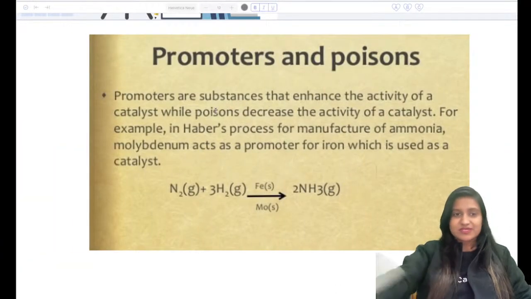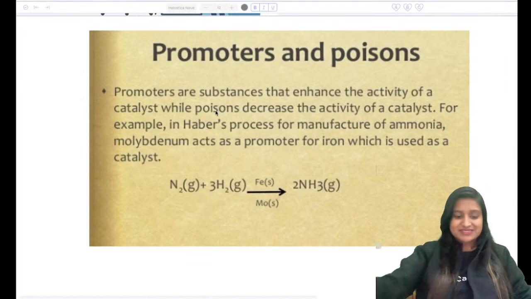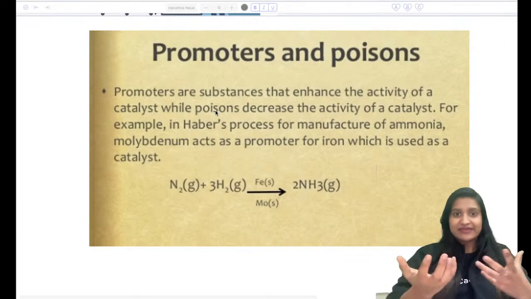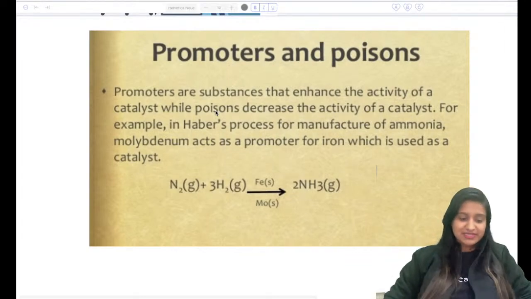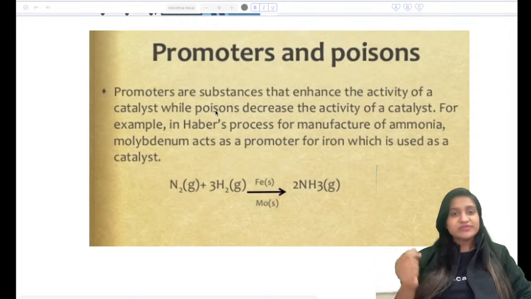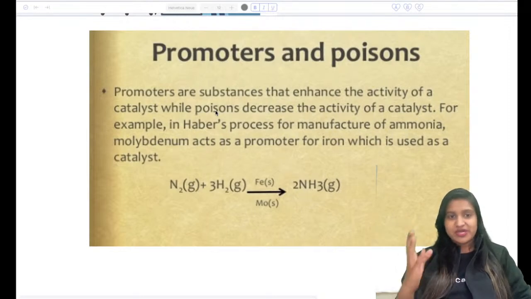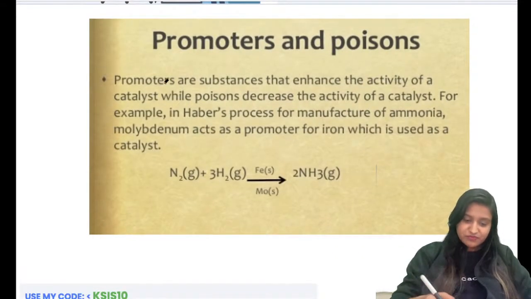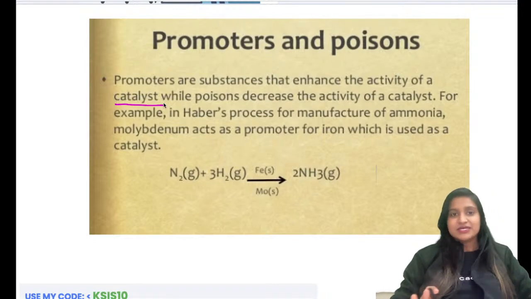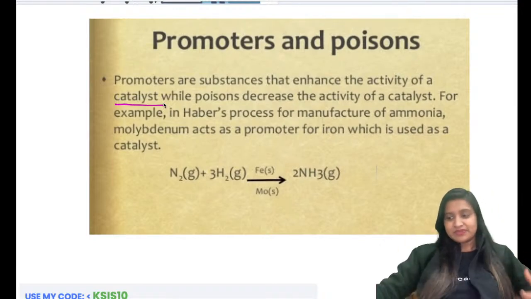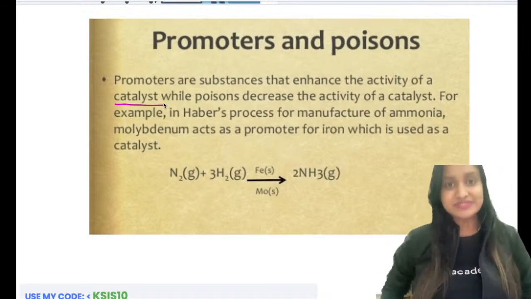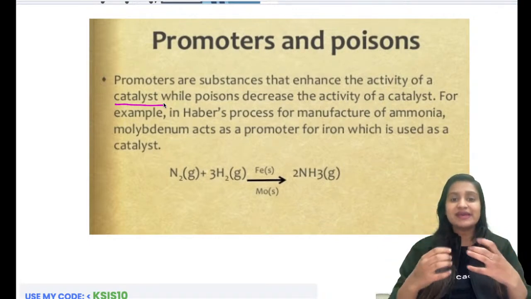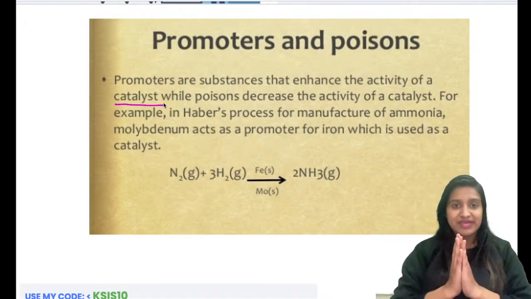Okay. So yeah, where were we? In the previous session, we left from here. So we will start from here. Okay. So now it is promoters and poisons. We already know what catalysts are, right? If a reaction is happening, the catalyst won't take part in that reaction, but it enhances the speed of the reaction.